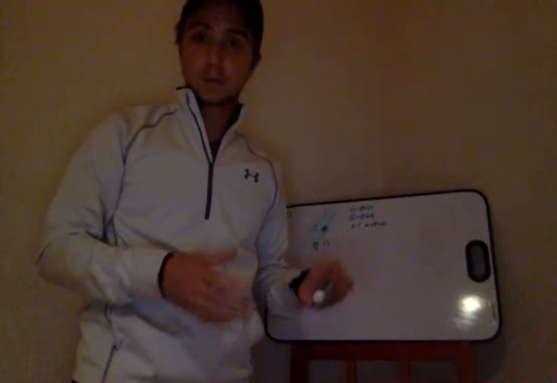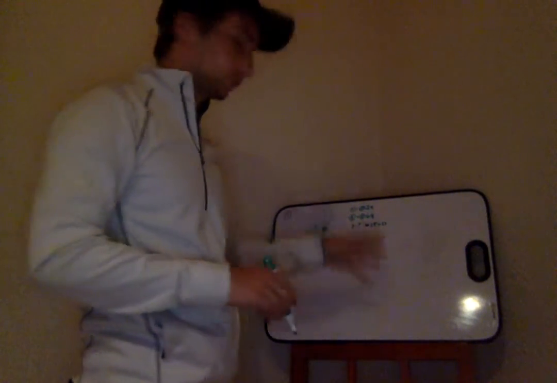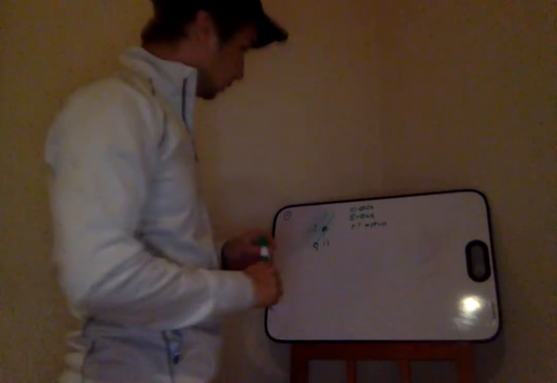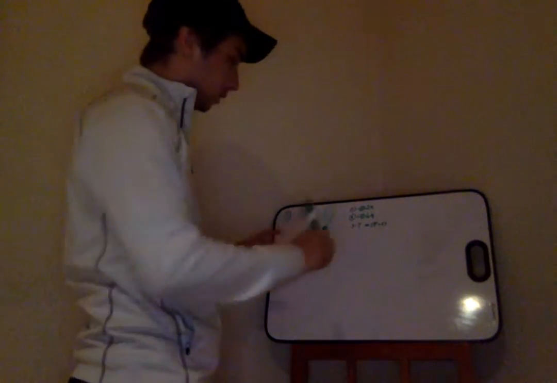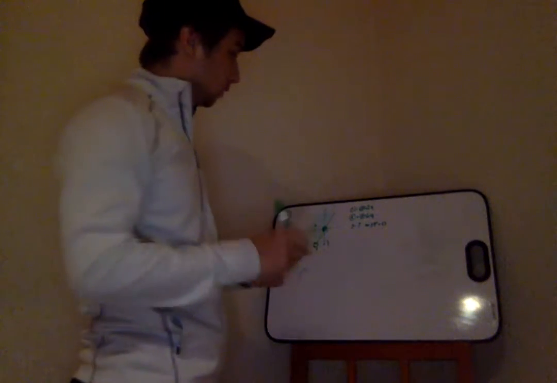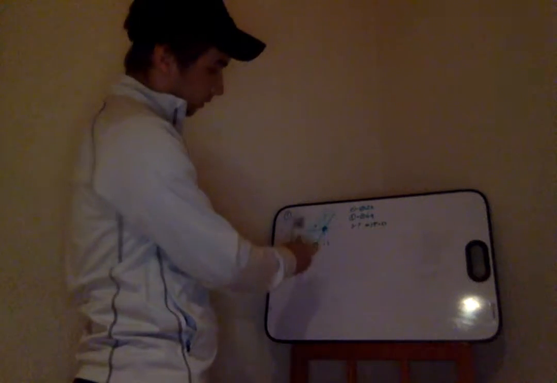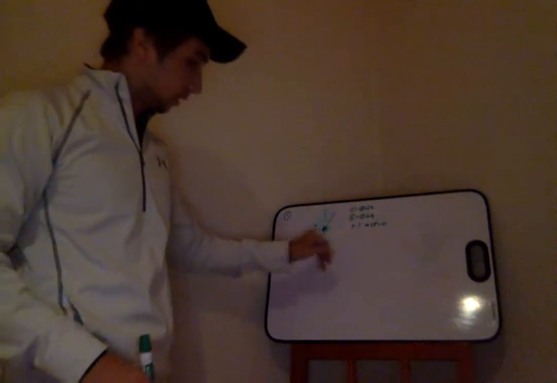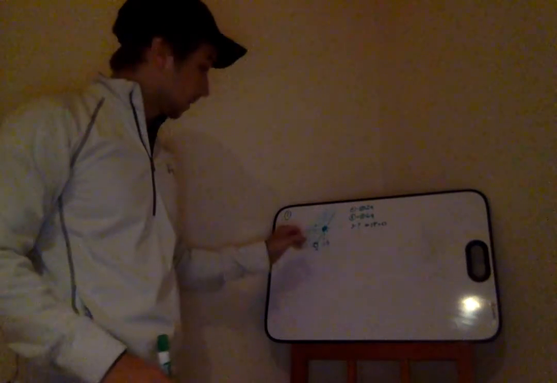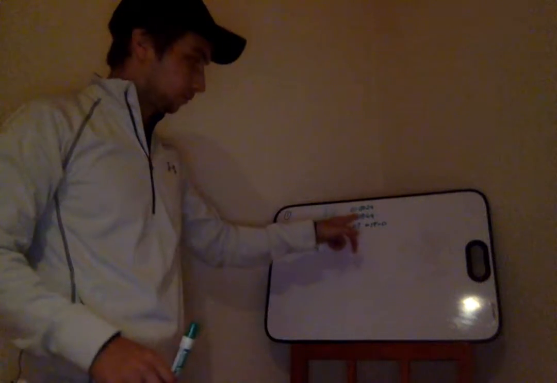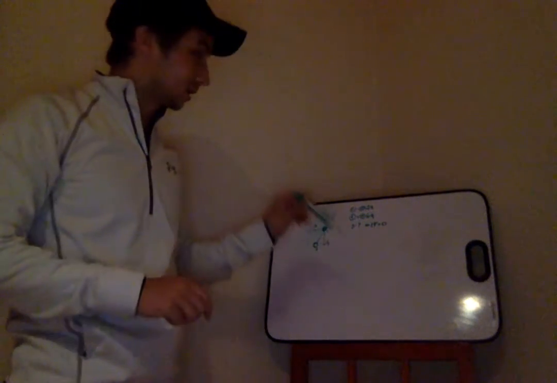Hello, in this video I'm going to explain a problem about electric charges. The problem states there are 2 point charges. The first one is located at the point -3x and -5y, and the point charge has a charge of +6q.